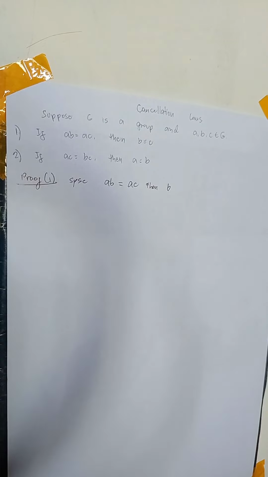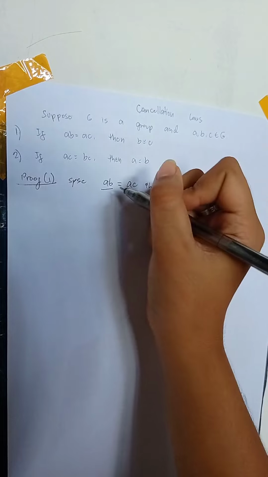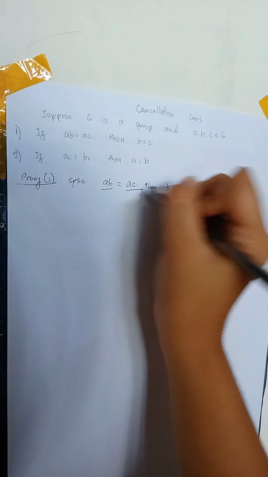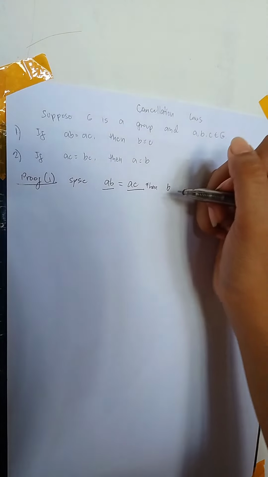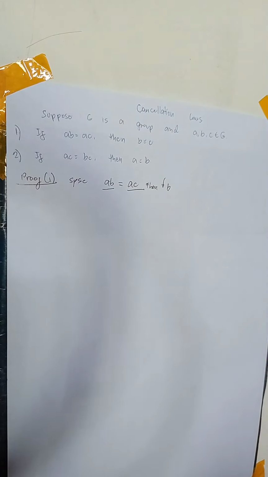We somehow have to use our hypothesis that AB is equal to AC. So the natural thing to do is to try to insert an A here, where this arrow is on the left, so that we can use our hypothesis.